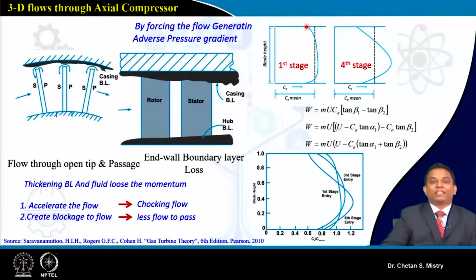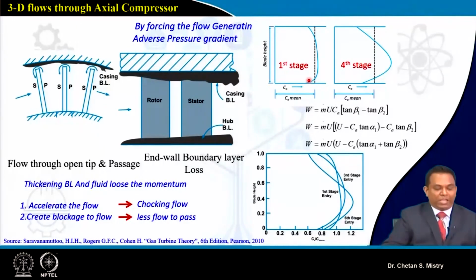Because of this growth of boundary layer and the presence of tip leakage flow, we will get the axial velocity profile like this. Near the hub and near the casing region, we have a decrease in axial velocity. And as per our continuity, somewhere that needs to increase. So near the mid section or mid span, you will have a slight rise in axial velocity. This is what is happening at the first stage.